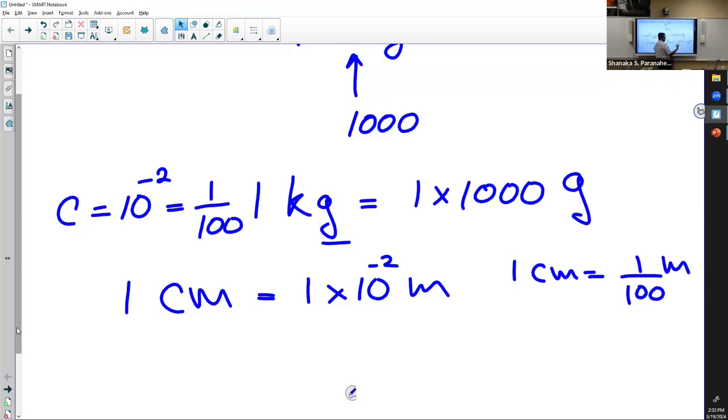Now we can multiply both sides by 100. So 100 centimeters is equal to 1 meter. We are going to use this type of equation, called equalities, to convert a given unit into a new unit. That's the advantage of these prefixes, and we are going to use it a lot later in this chapter. So that's the advantage of the prefix table.